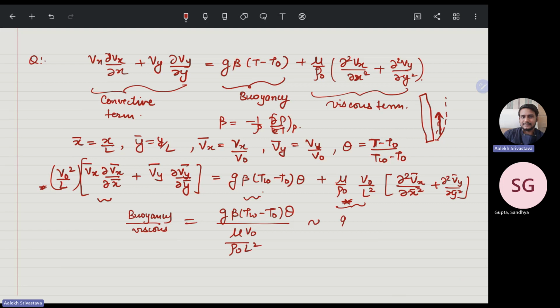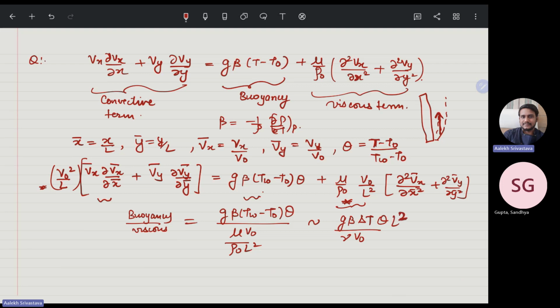So it is g beta delta T theta divided by mu V0 by L square, which gives g beta delta T theta by mu V0 into L square.